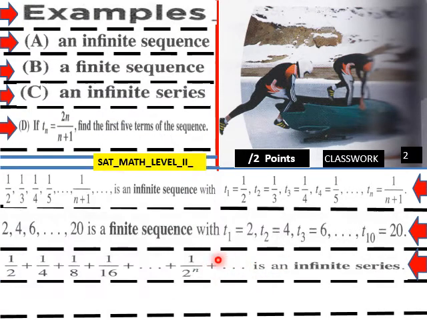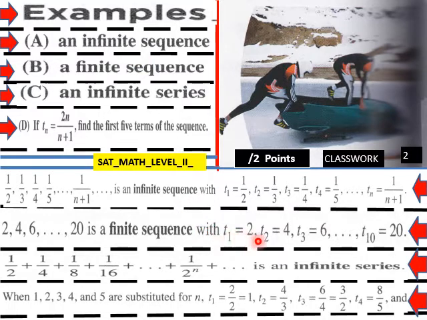And then if term n equals 2n over n plus 1, find the first 5 terms of the sequence. Again, we're dealing with a sequence here, not a series. When 1, 2, 3, 4, and 5 are substituted for n, we get term 1, term 2, term 3, term 4 equals 8 over 5.